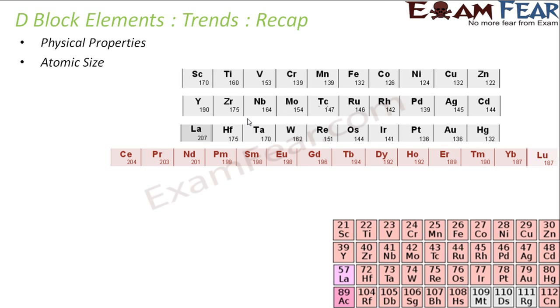In lanthanide contraction we have a greater than expected decrease in size for elements from 57 to 71, from lanthanum, because of the f orbital's poor shielding effect. We have seen that.